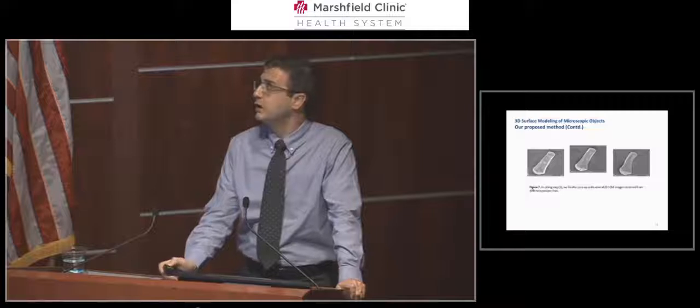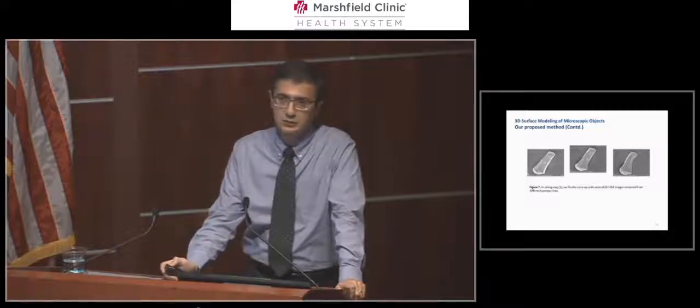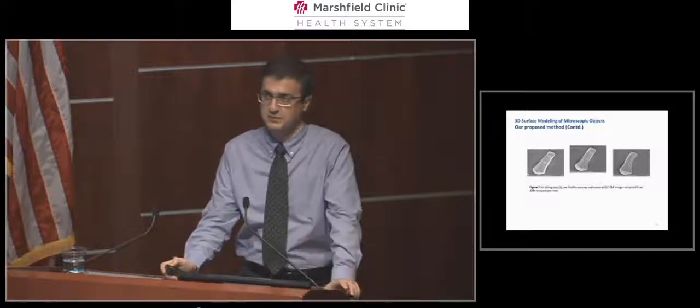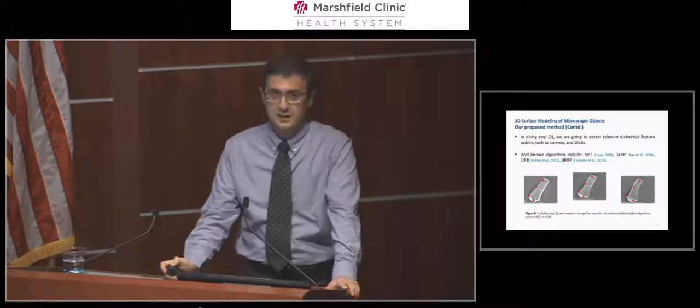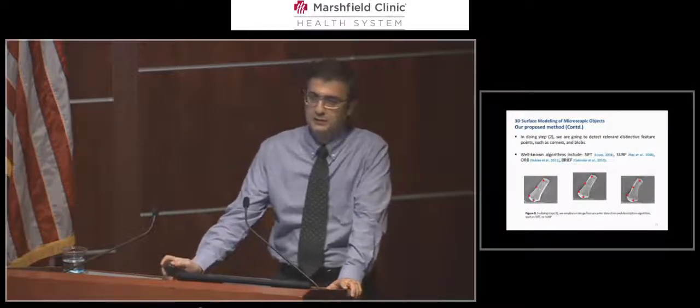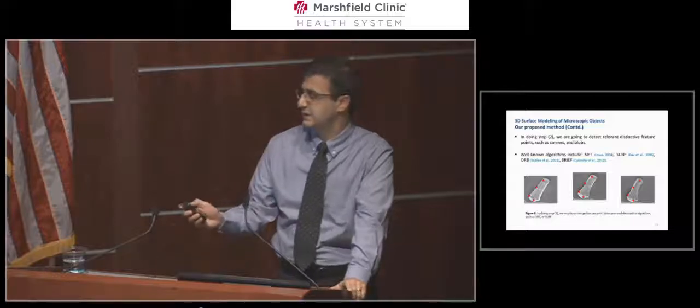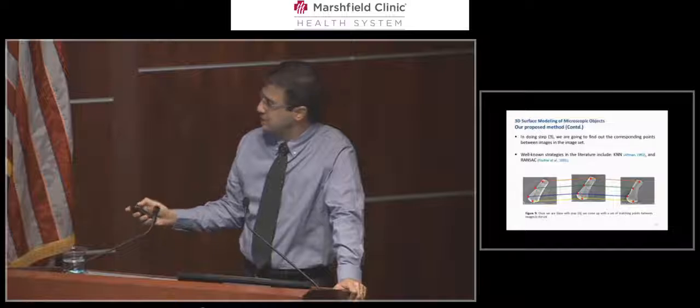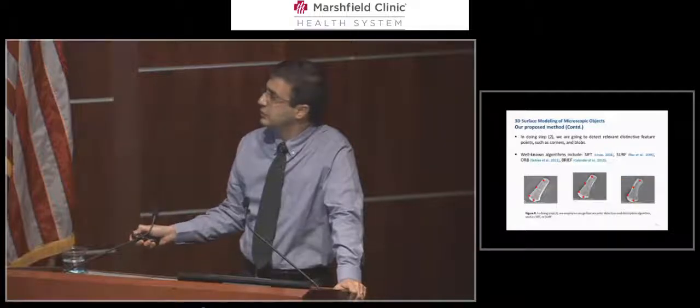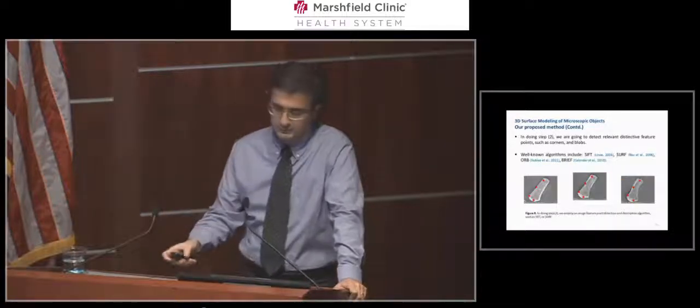Okay, in step 1, we just take several 2D images from different perspectives of a microscopic sample. Then, as I said, we need to detect feature points in every single image. By feature point, I mean something like edges, like corners in every single image.